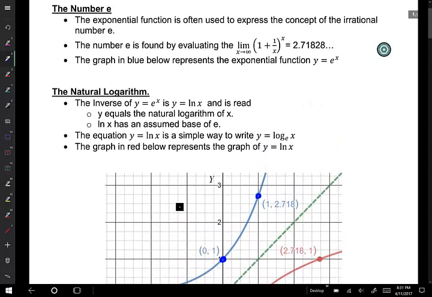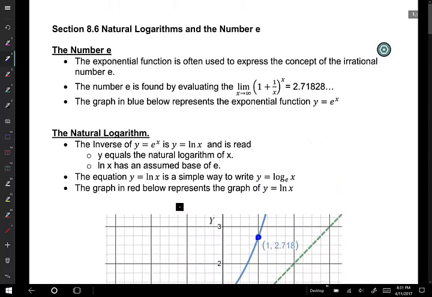So the inverse of the function e to the x is called the natural logarithm. The natural logarithm is written with y equals ln of x, or y equals the natural logarithm of x. And the natural logarithm of x has an assumed base of e. If it wasn't assumed, it would be written like this.